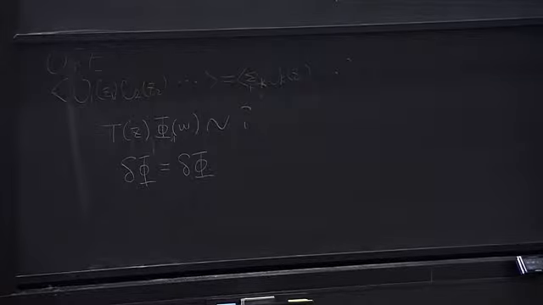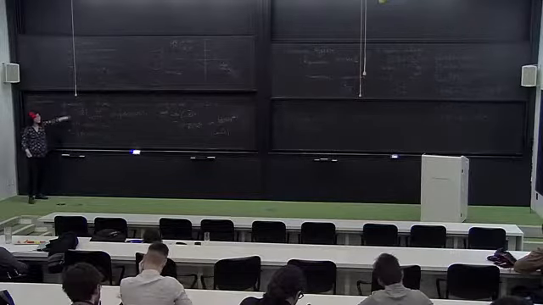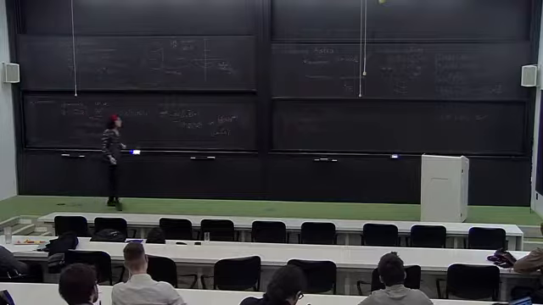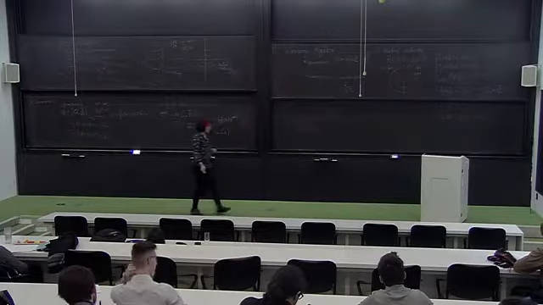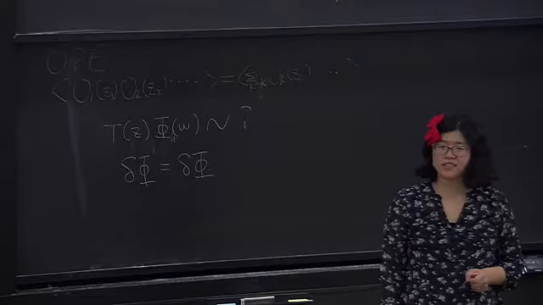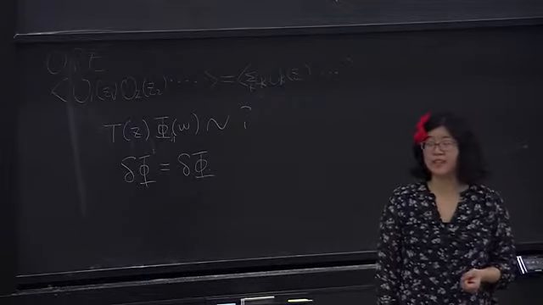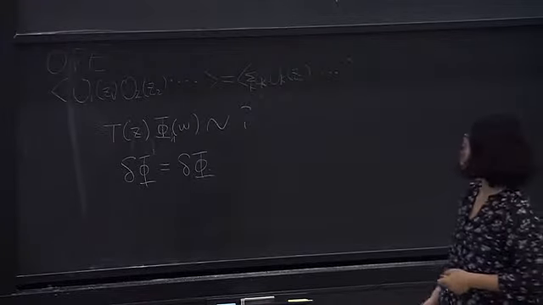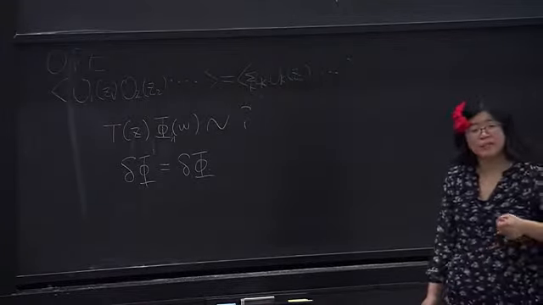Okay. Well, there is also a third way that defines our generator. We really say, let's try to figure out how a primary field transforms under conformal transformation. This shouldn't be a surprise. We have seen it. We know exactly how a primary field transforms. That's how we define it.